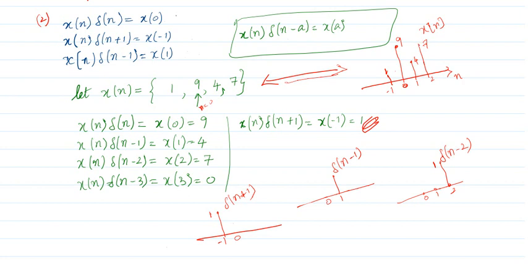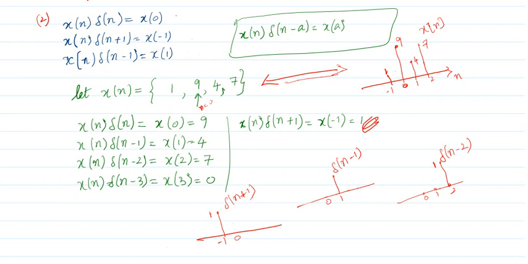The right side is positive, the left side n is negative, so at n equal to minus 1, the amplitude is 1. Remember, in discrete time domain, n should always be an integer. That is, it can take the values minus 2, minus 1, 0, 1, 2, 3. There cannot be any values like 1.5. So these both are the same. This is the graphical representation, and this is the mathematical expression.